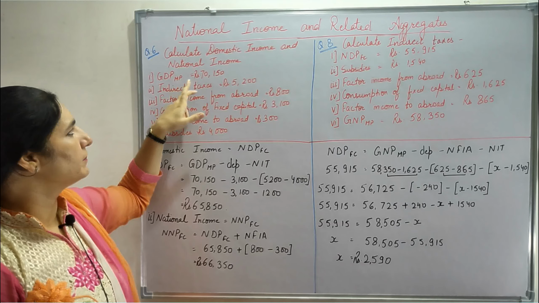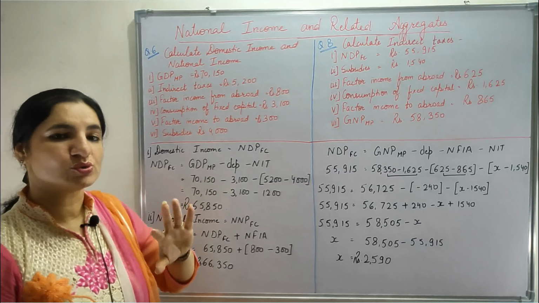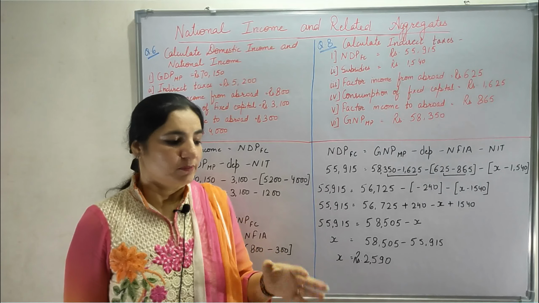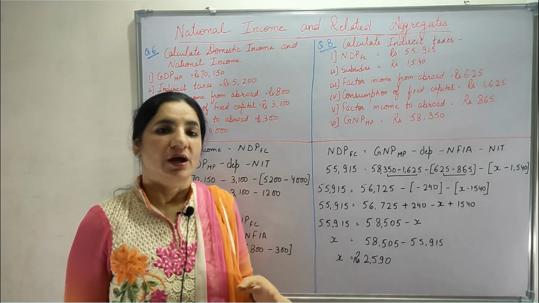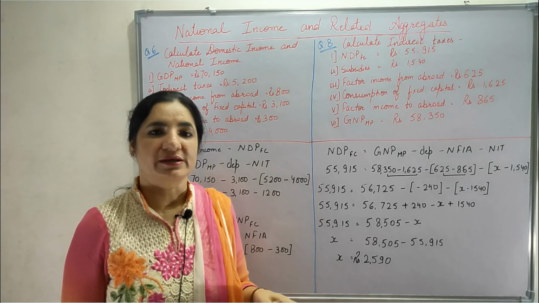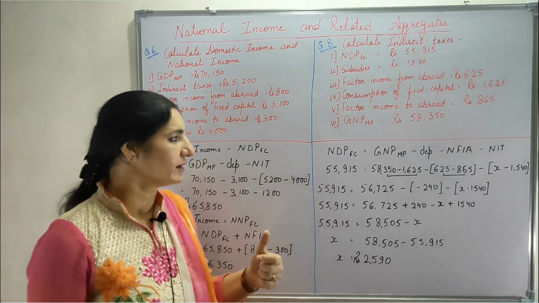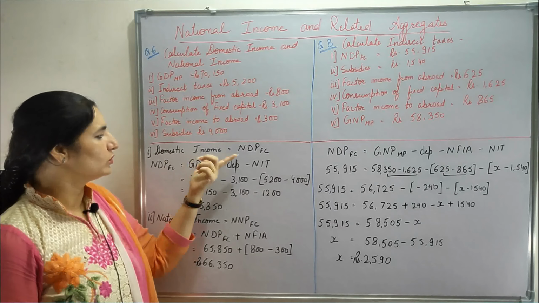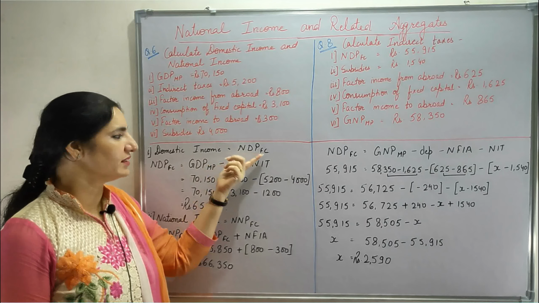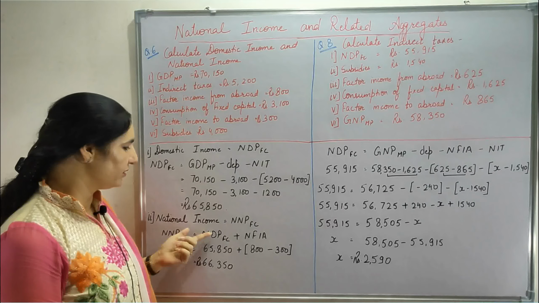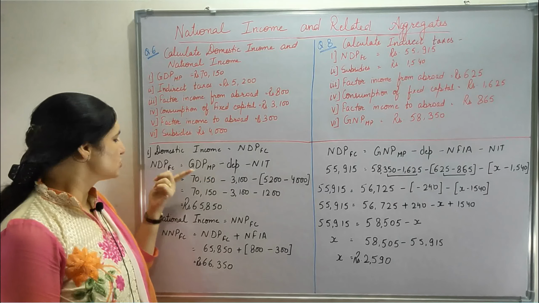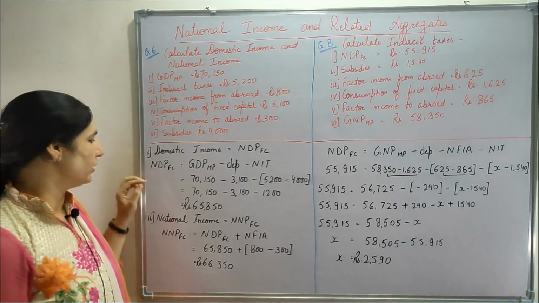Here GDP at MP is given. We know how to arrive at the aggregates. We have learned how to arrive at any aggregate taking a particular base aggregate. So here we need to calculate domestic income, that is NDP at FC, and national income, that is NNP at FC. So let us prepare the formula.